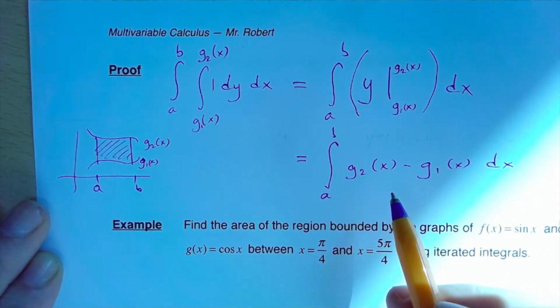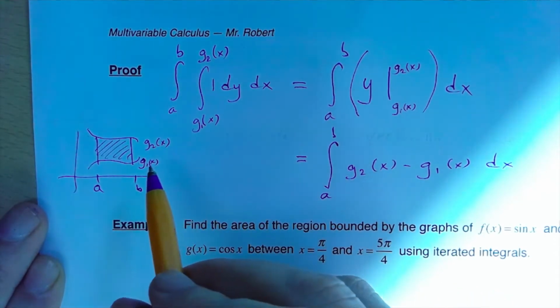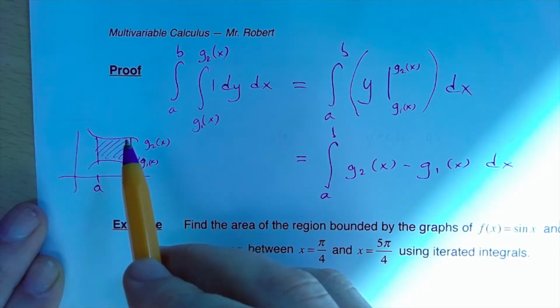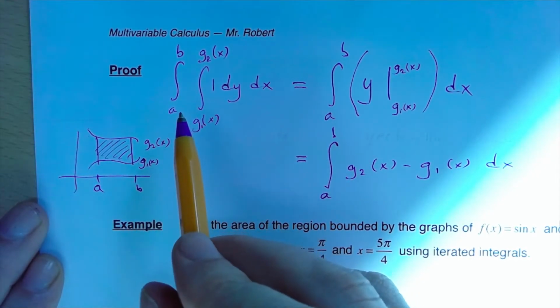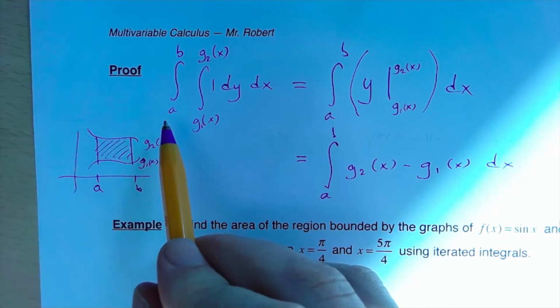So we fall back on the usual definition. If we want the area between two curves, we do the integral of the top one minus the bottom one. So it's very easy. This equation here is just going to be the equation for any area, the general equation.